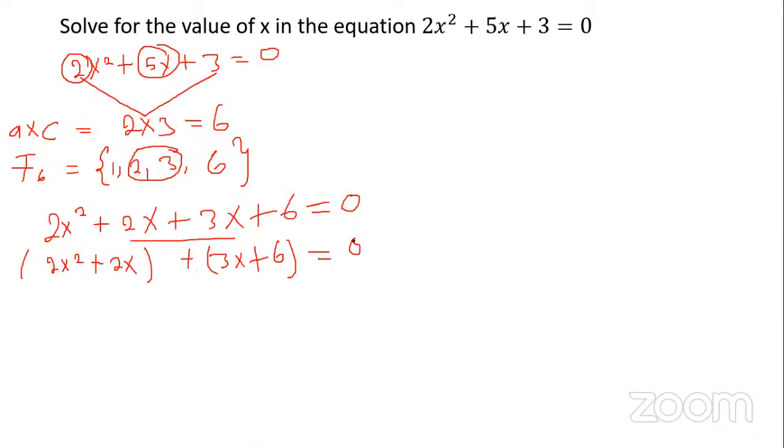So what would be the common factor in the first bracket? It's going to be 2. It is going to be x. Okay.